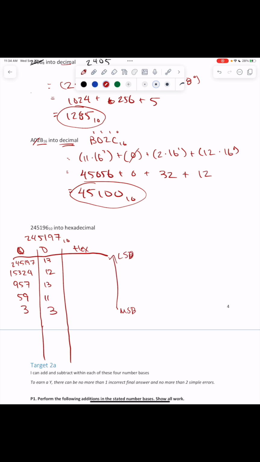And then we translate 13 in decimal, which is going to be D, and then 12 is right before that, C, and then 13 is D, and then 11 is B, and then 3 is, of course, 3. So our answer here, going from down to up, is 3, B, D, C, D. But I'm talking in base 16.